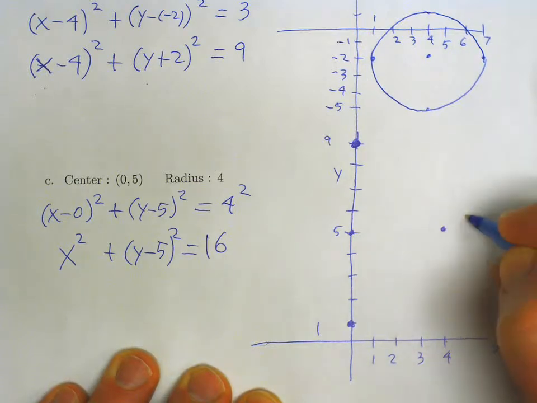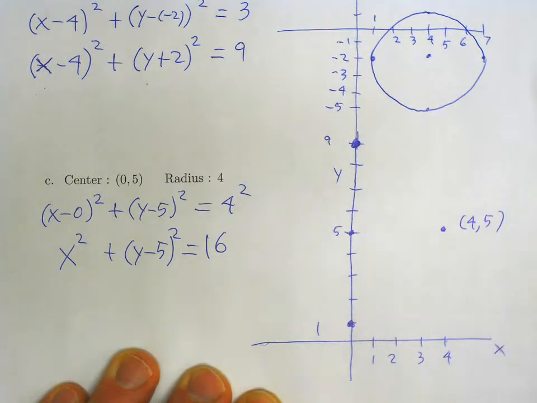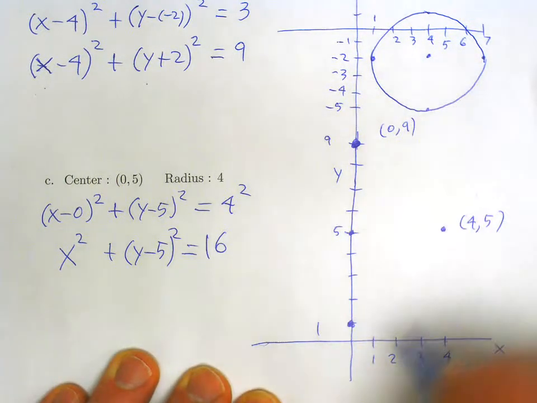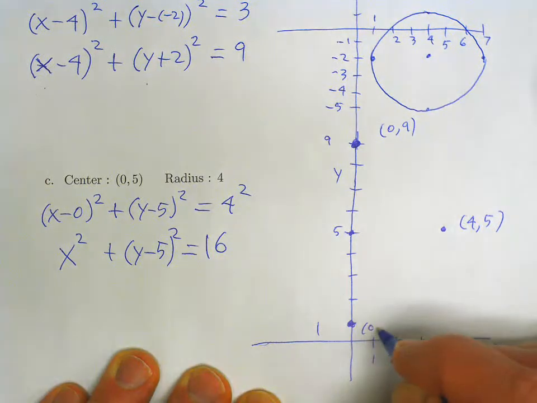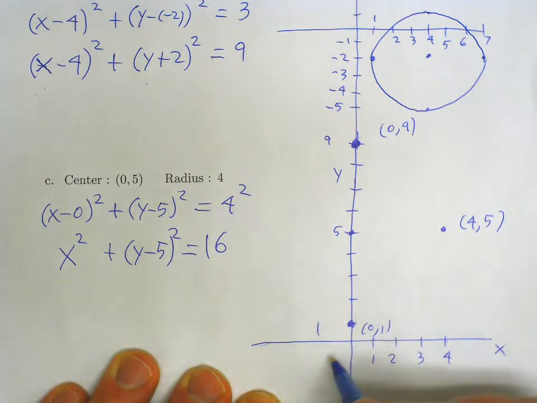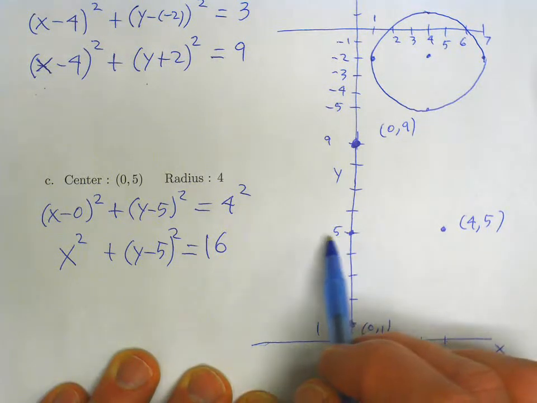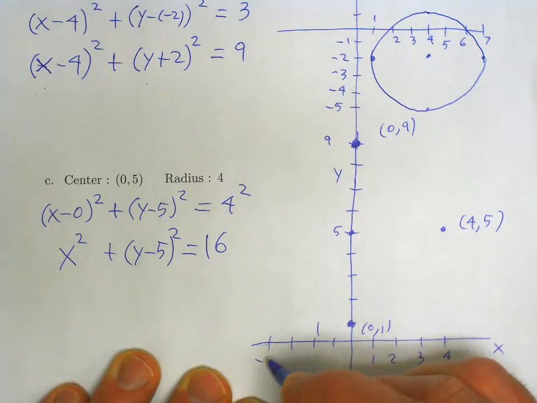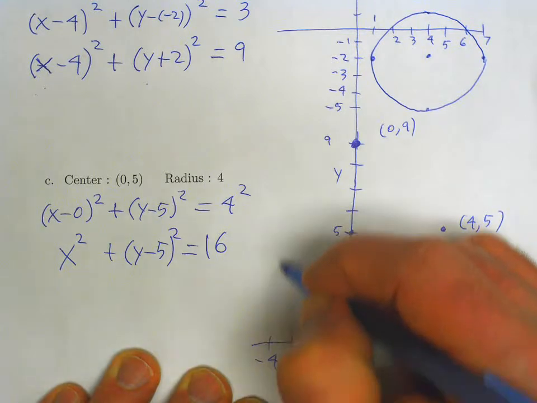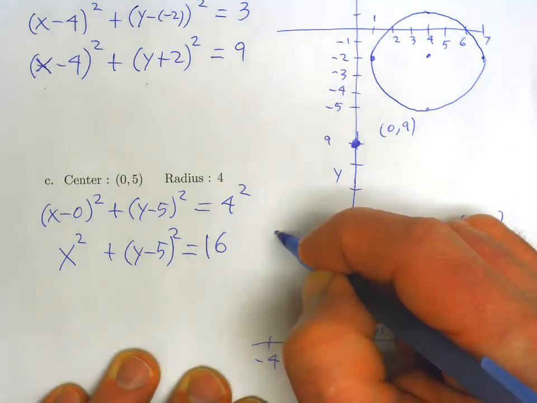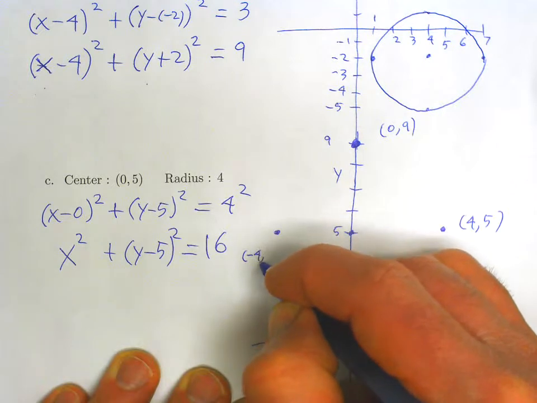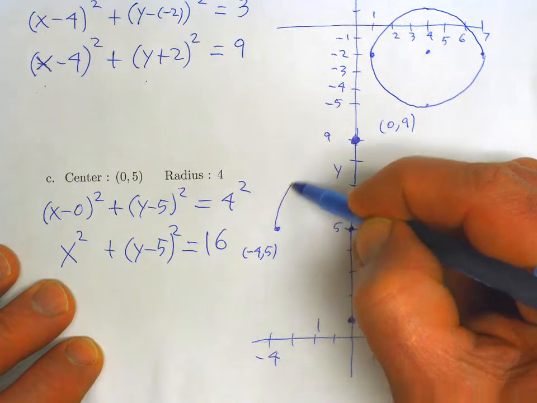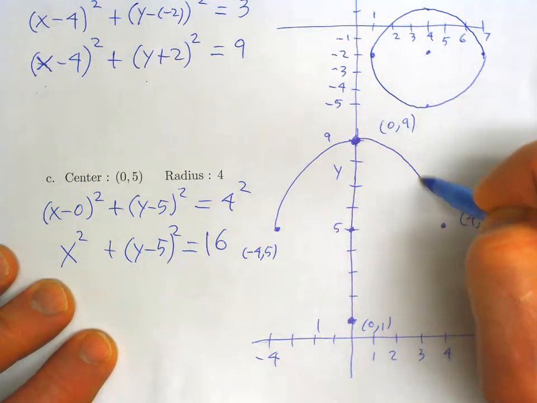This point is 4, 5. This point, 0, 9. This one's 0, 1. And then 4 units to the left of the center, this point is negative 4, 5. So then draw a circle.